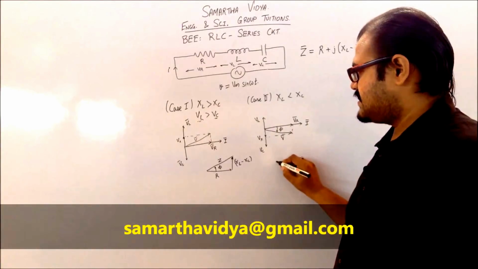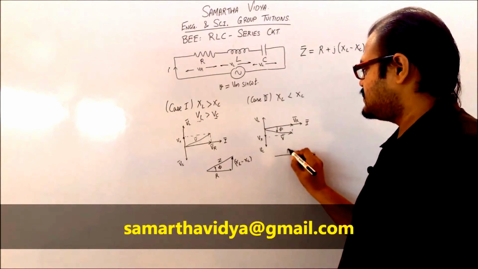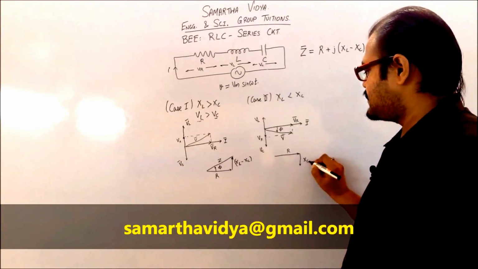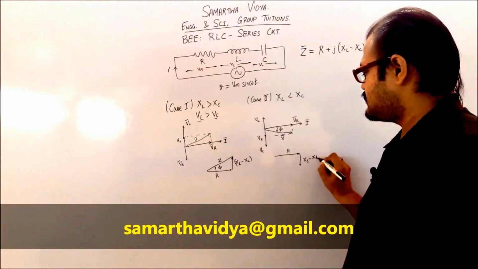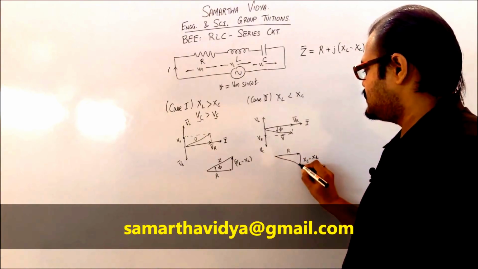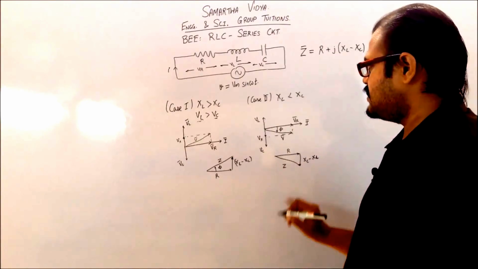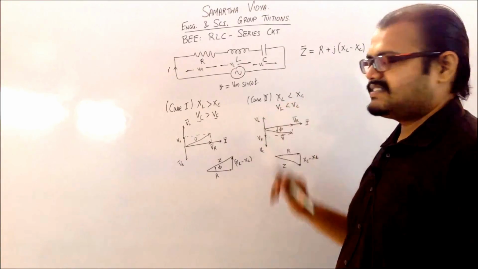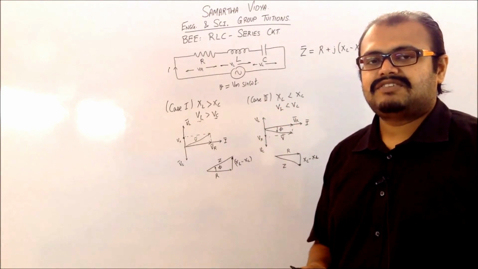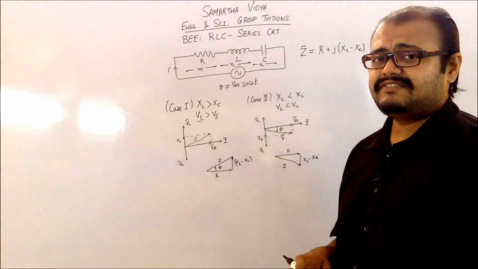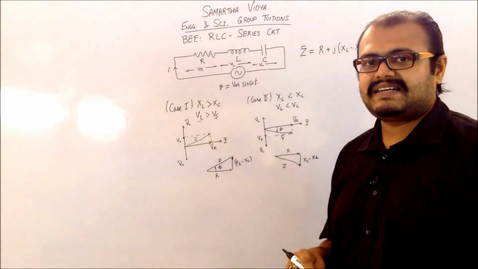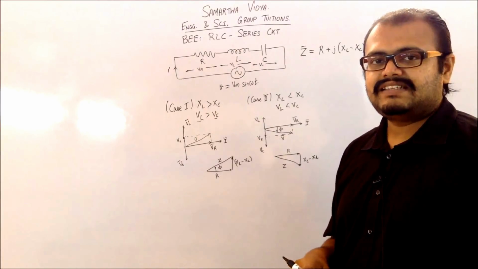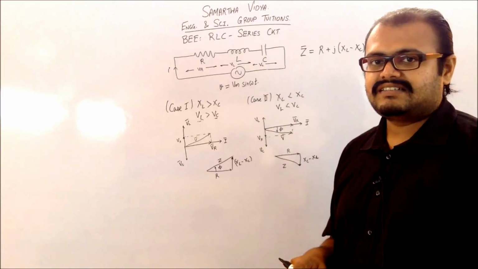If you draw the impedance triangle for this, this is my R, this will be my XC minus XL, and this is going to be the resultant Z. So whenever VL is less than VC, or XL is less than XC, then your circuit will be behaving as if it is having only a capacitor in it. So whenever you have such a condition, the voltage will be lagging the current.